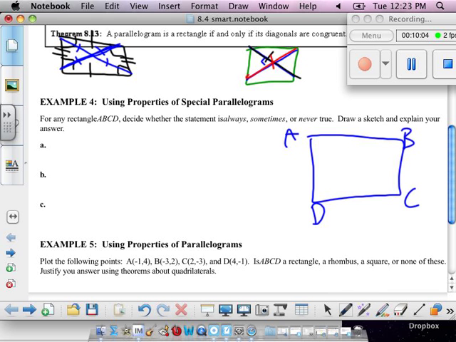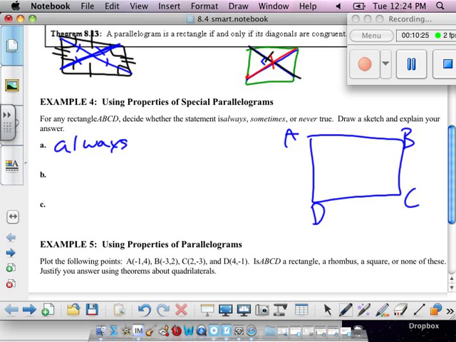Okay, angles A and C. Are they always congruent, sometimes congruent, or never congruent? Always, because that's the definition of a rectangle. Okay, what about sides AB and BC? Are they always, sometimes, or never?